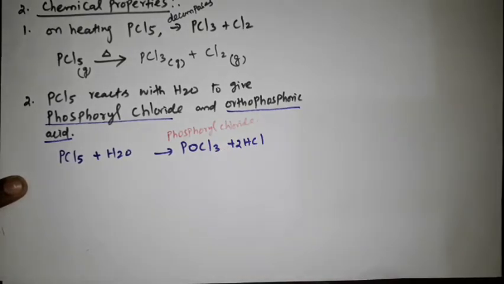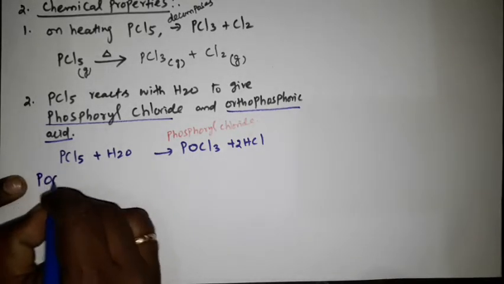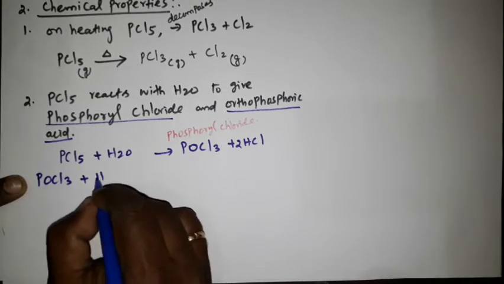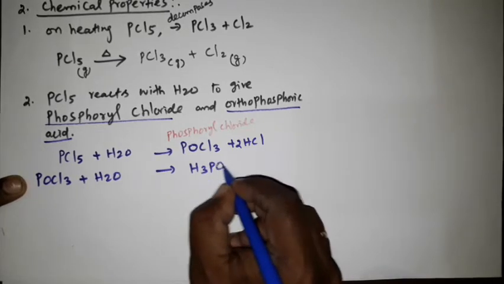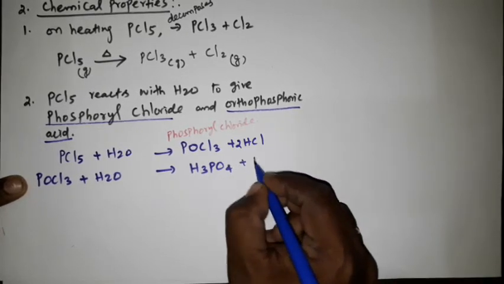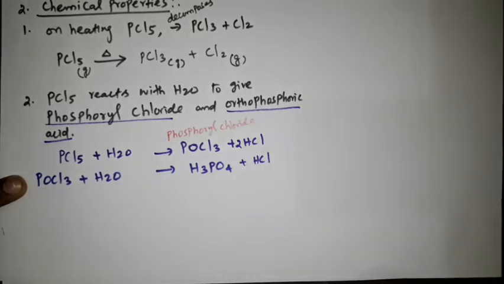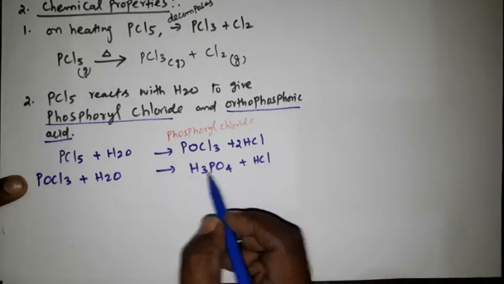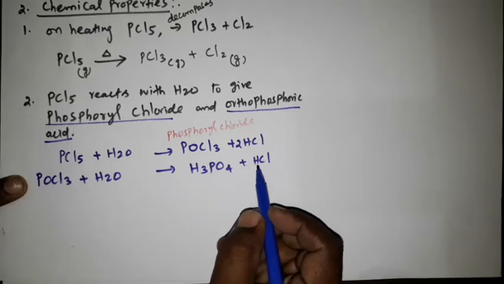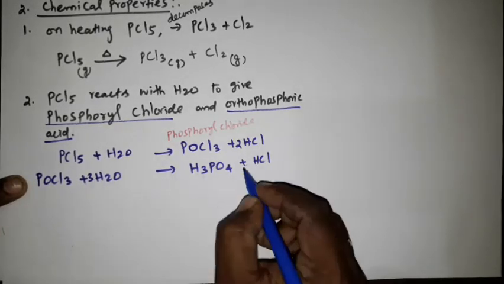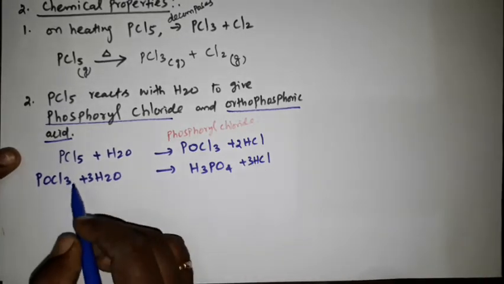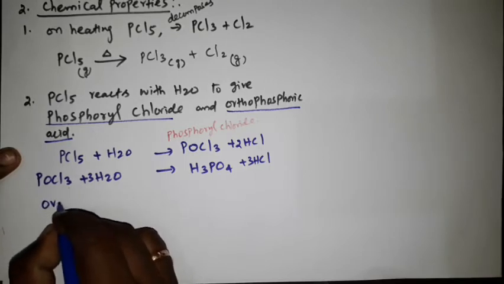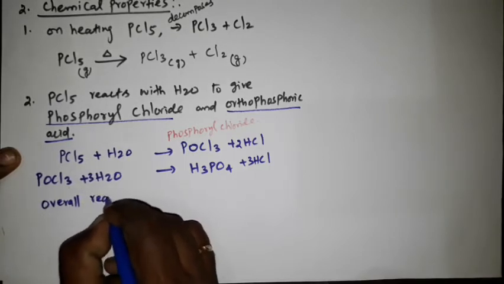Then after that, this POCl3, phosphoryl chloride, again combines with water, it will produce orthophosphoric acid, that is H3PO4 plus HCl. Okay, now balance the equation. Here 3, 4 is there, put 3 here, here also put 3. Now the equation is balanced. Now we are going to write the overall reaction.